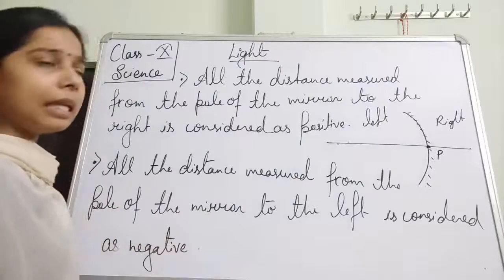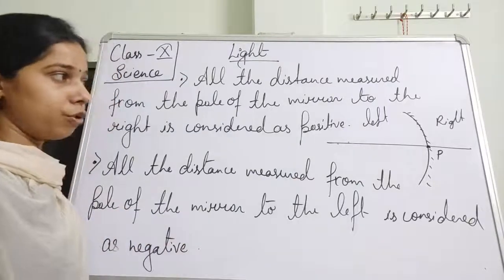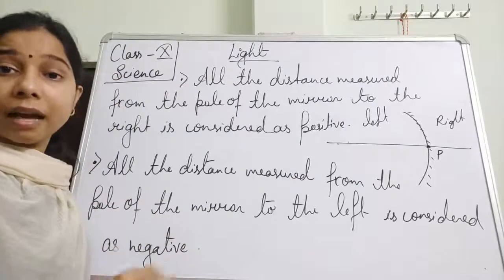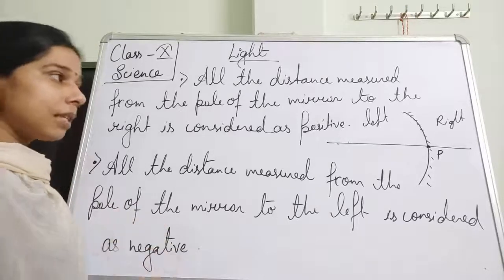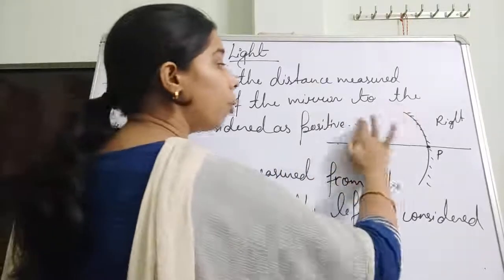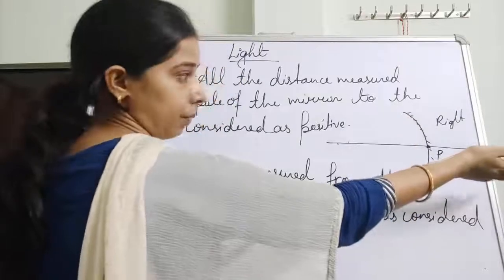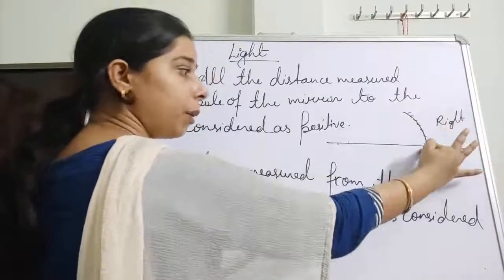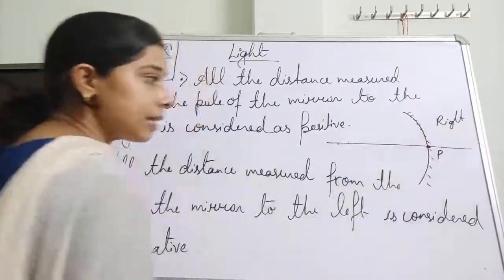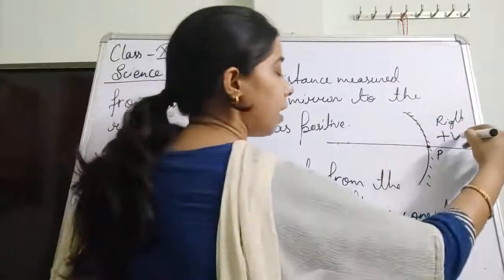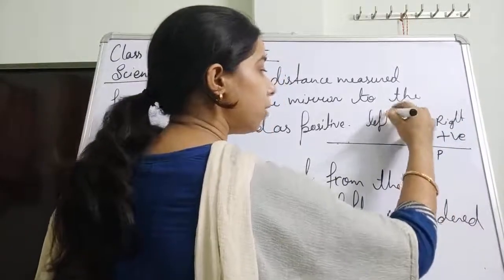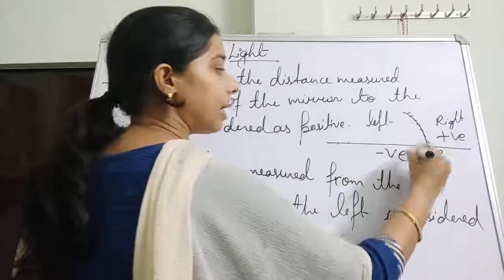In very easy terms, without any confusion, we simply understand that if the distance is measured from the pole to the right side of the mirror, that is taken as positive, and from the pole to the left side, that is taken as negative.